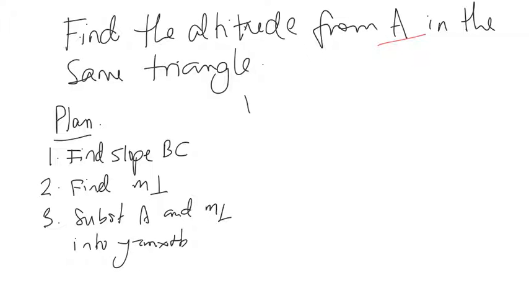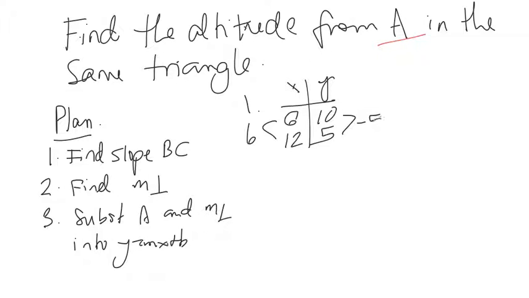Okay, let's execute it. So step 1, make a t-chart. Put in the points. So one of the points was 6, 10, and the other was 12, 5. Then I'm going to do my first difference. So here I have 6, and here I have negative 5.